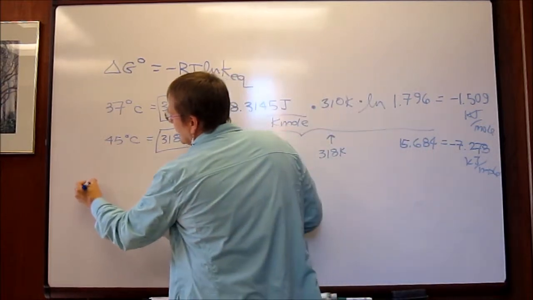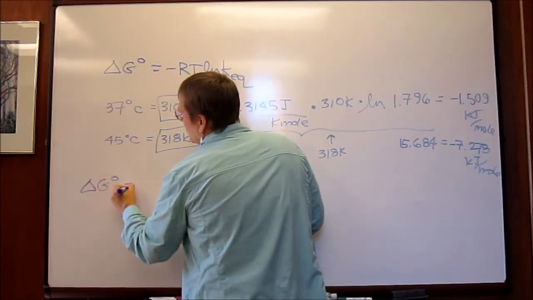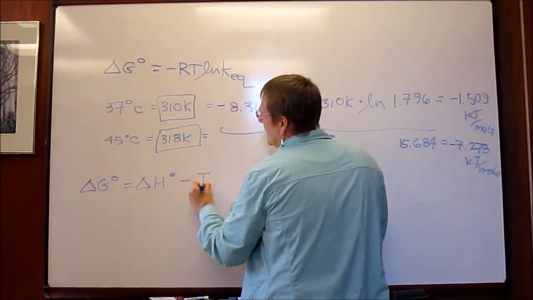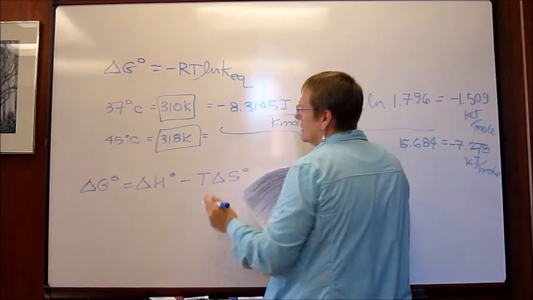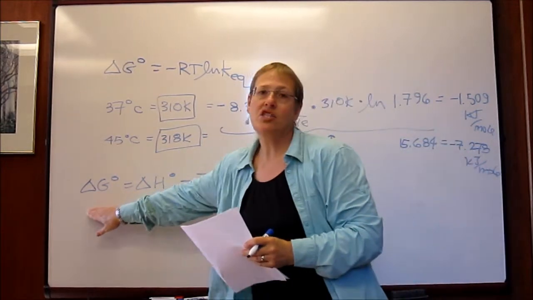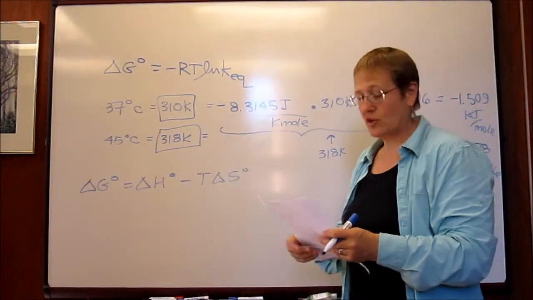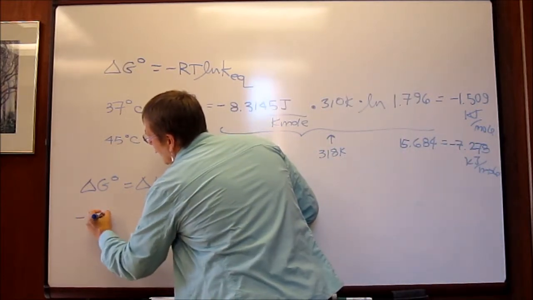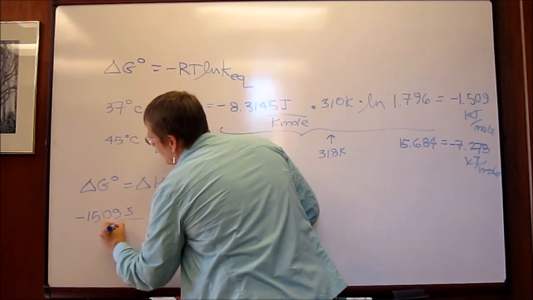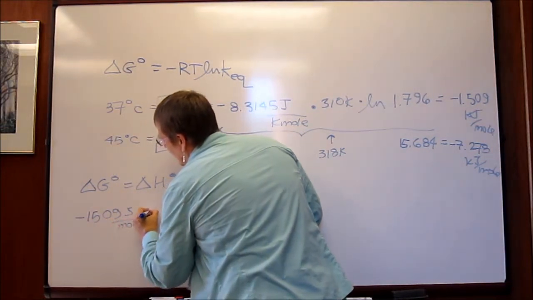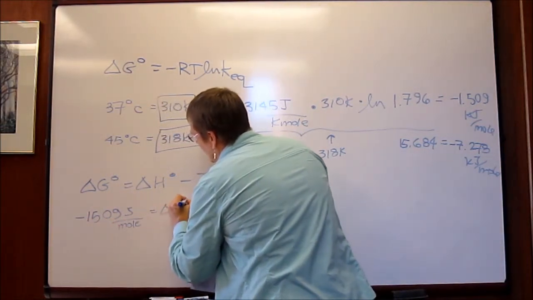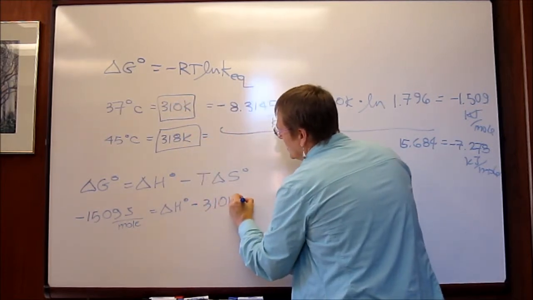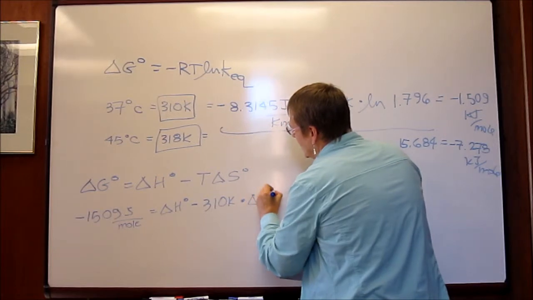I can say delta G naught equals delta H naught minus T delta S naught. And I have 2 different delta G's and 2 different temperatures. So I'm going to put them in. I have negative 1509, I'm just going to do this in joules per mole now, is equal to delta H naught minus 310 Kelvin times delta S naught.